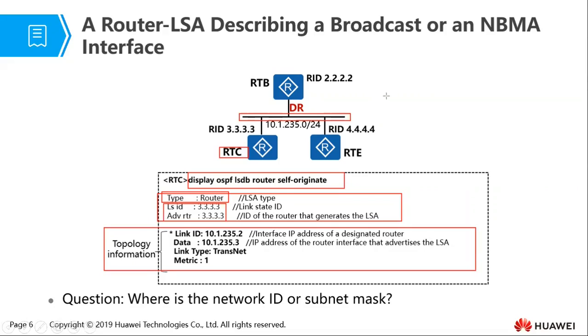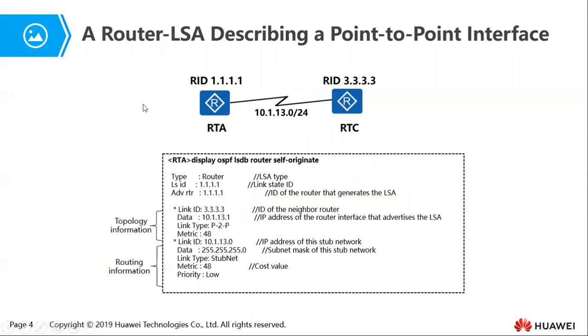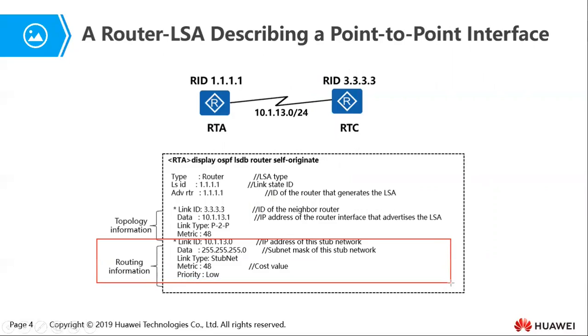Now, I need to mention that, let me just go back here. This routing information here is used to describe the network. Simply saying that the network ID is that and the mask is that.